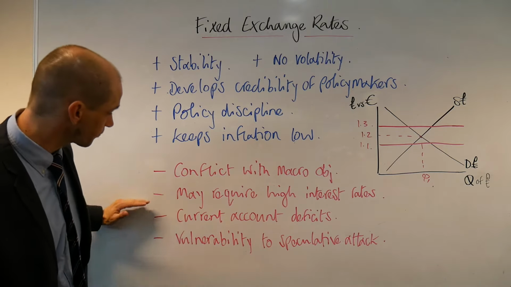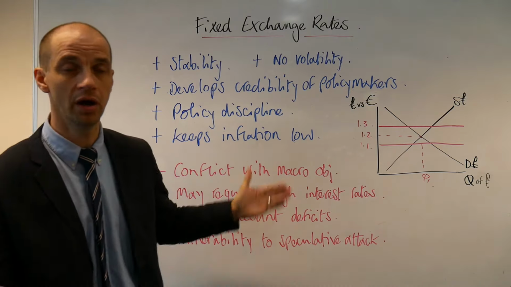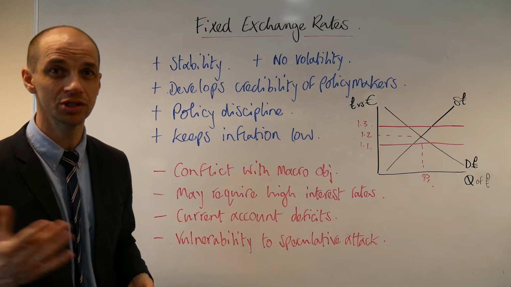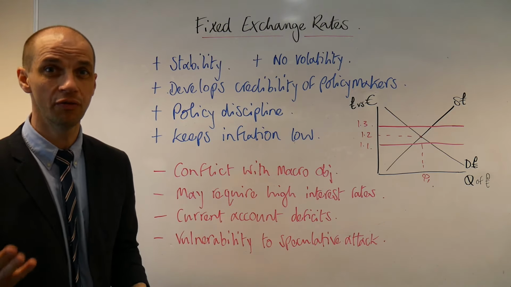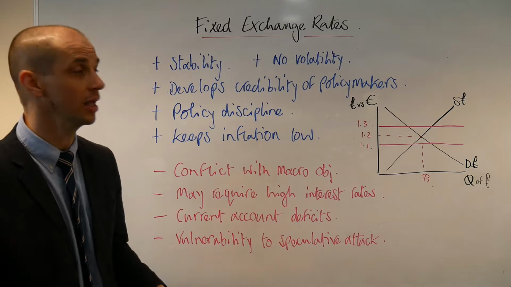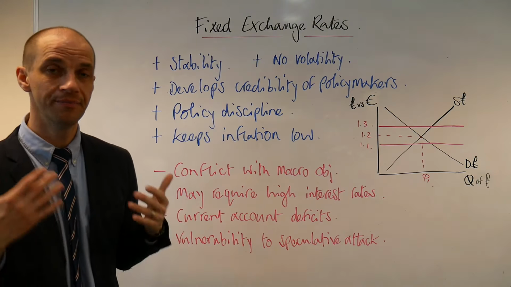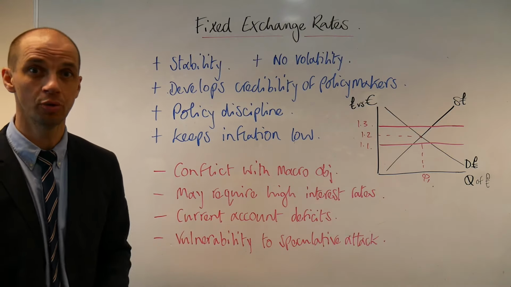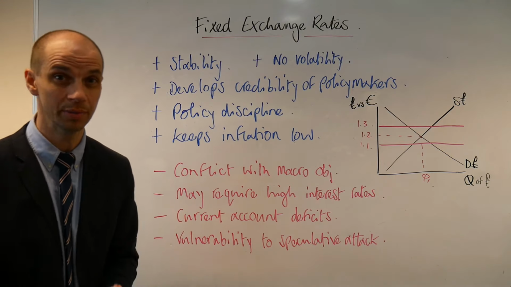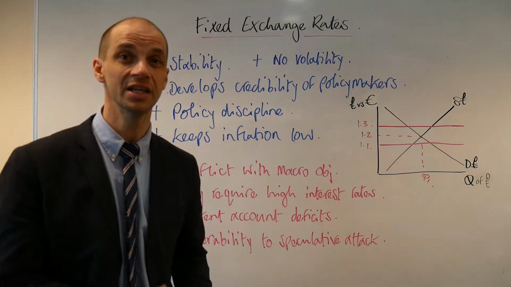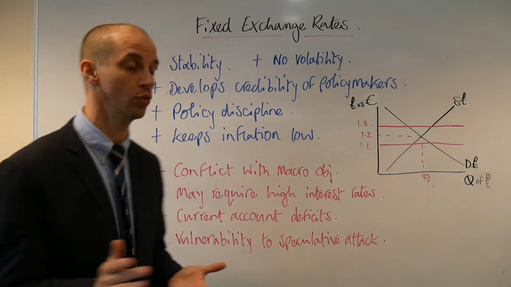Okay, so furthermore, it may require high interest rates. Right now in Argentina, interest rates are as high as 40% in order to maintain demand for their currency, okay? It's really questionable how long that situation can be sustained, but Argentina is undergoing a speculative attack right now.